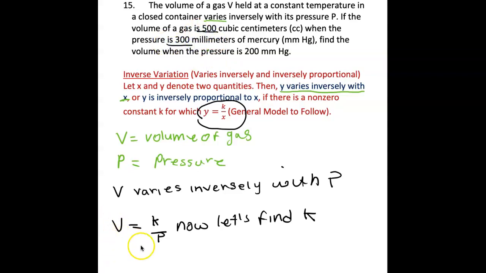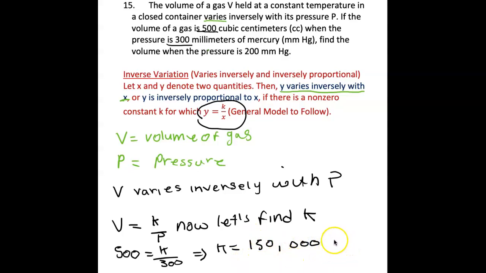So they give me two variables, which means I can find K. This gives me 500 equals K over 300. When you multiply that, K equals what? 750? No. Let's see, 300 times 500 doesn't give you 750. It gives you a humongously big number.